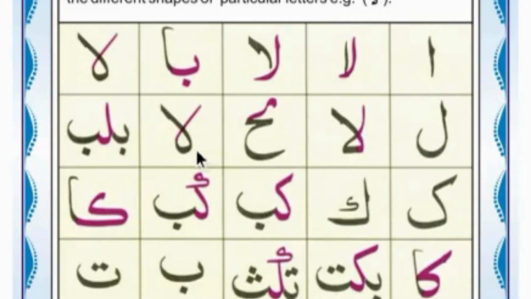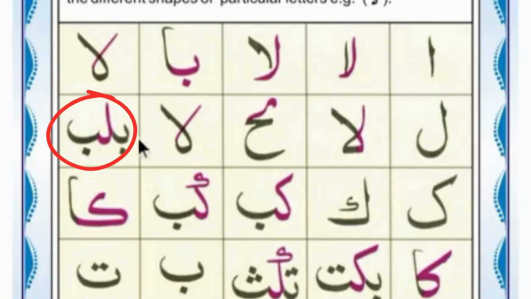The next letter is also lam, alif, and the last long box is lam, ba.